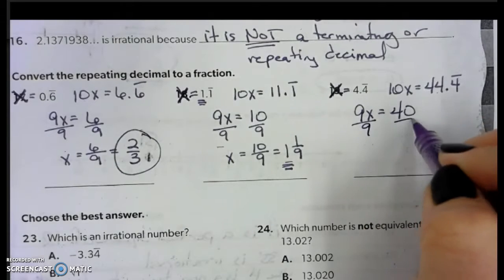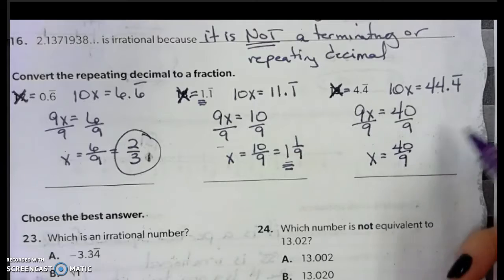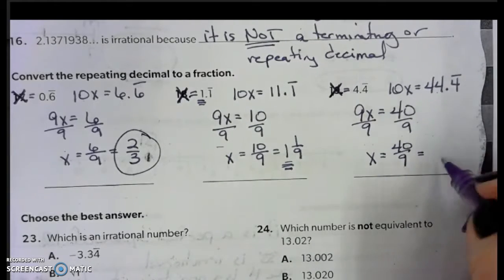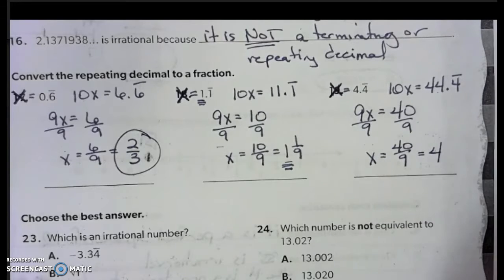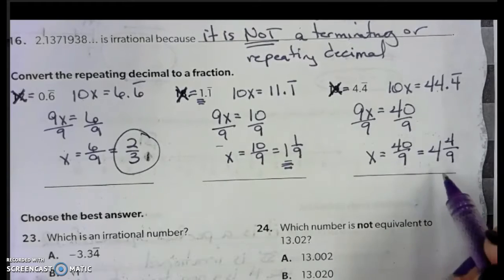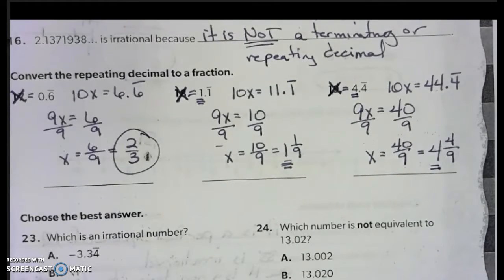Divide by 9. And x is equal to 40 over 9. This is an improper fraction, so I'm going to simplify. 9 goes into 40 4 times and leaves a remainder of 4 over 9. Notice the whole number 4, and the original problem also had a whole number 4. 4 and 4/9.